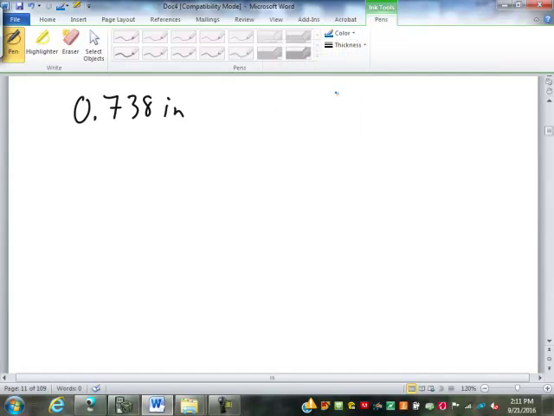How would we do that for this? Well, 0.738 is 738 what? Tenths, hundredths, I heard someone say it there, thousandths, good.